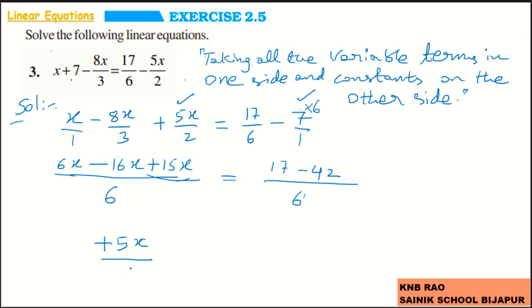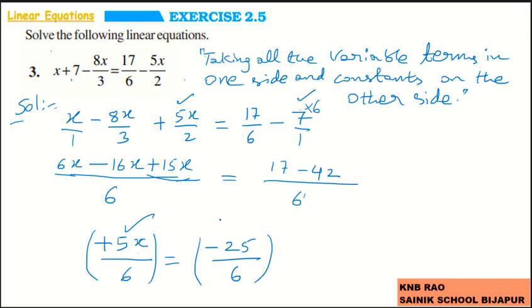So plus 5x by 6 equals 17 minus 42, which is minus 25, by 6. Now it looks like a whole fraction in the left hand side with the numerator 5x and denominator 6, and a whole fraction in the right hand side with numerator minus 25 and denominator 6.